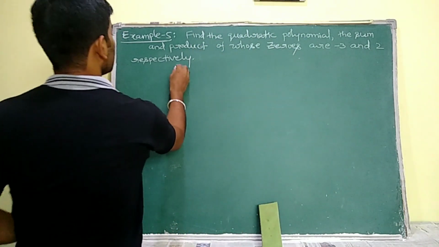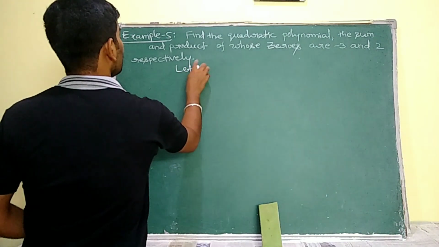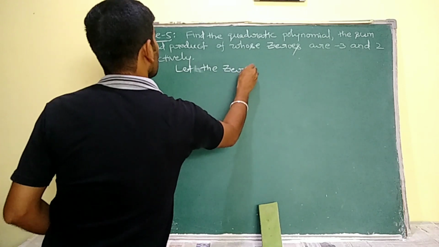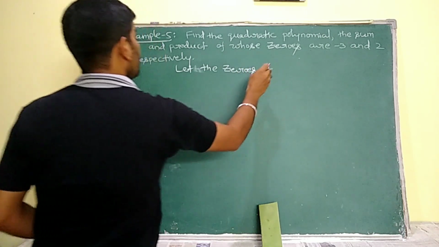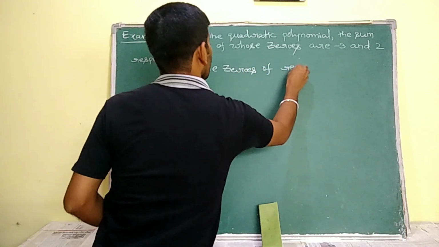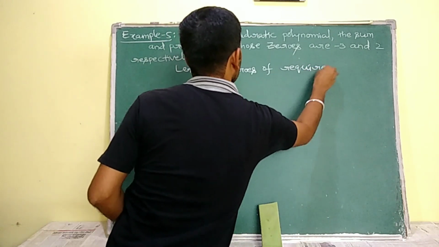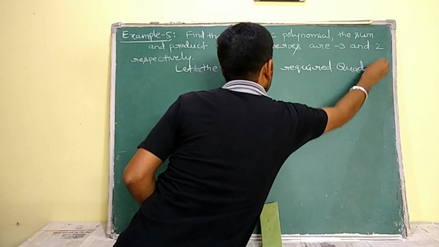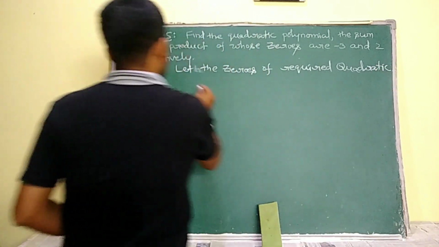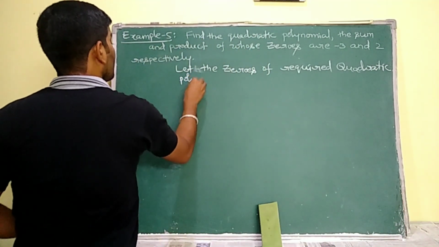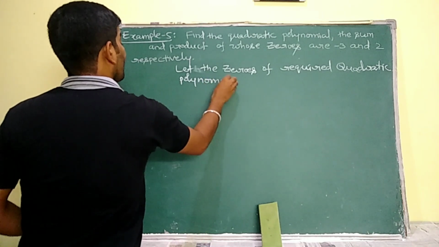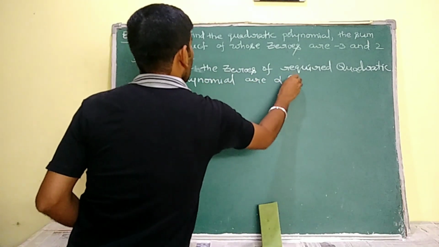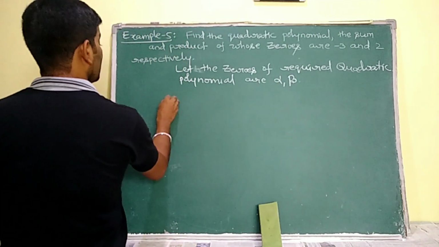Firstly, we have to write, let the zeros of required quadratic polynomial be alpha comma beta.